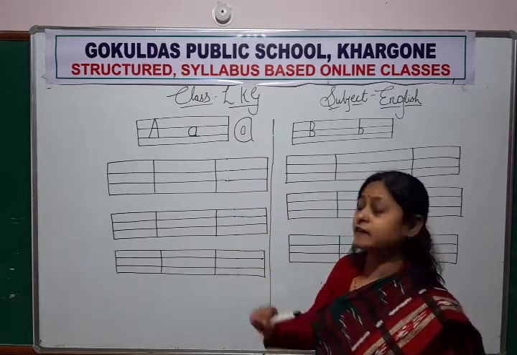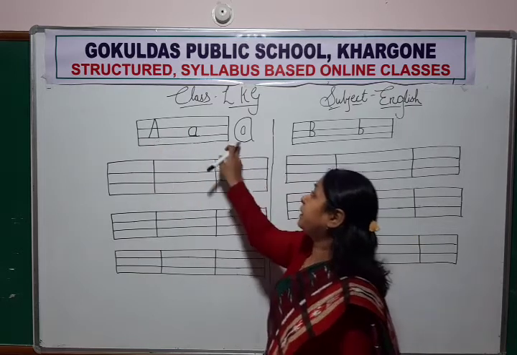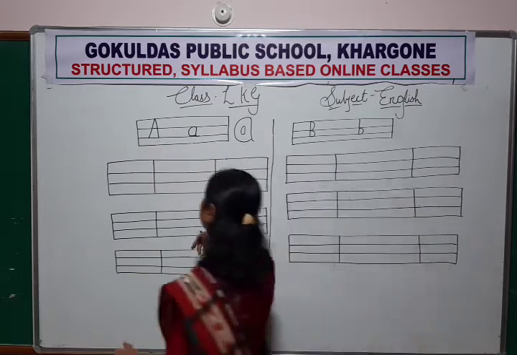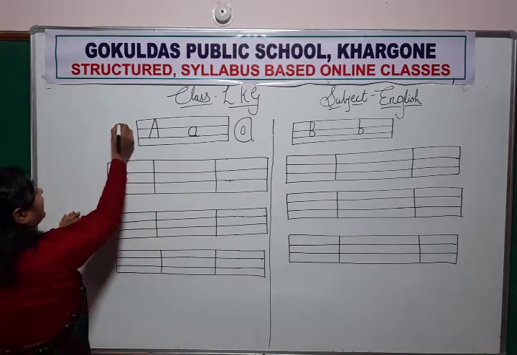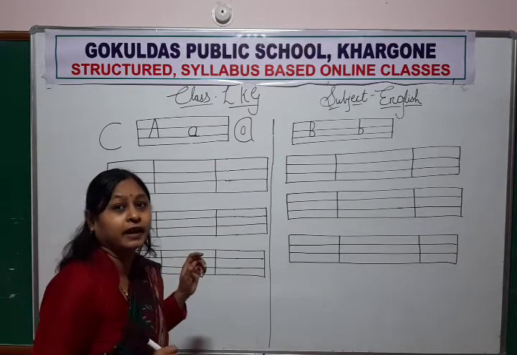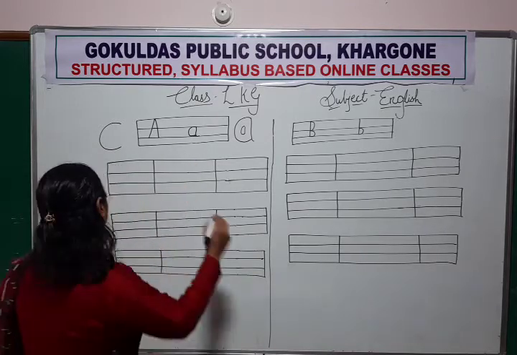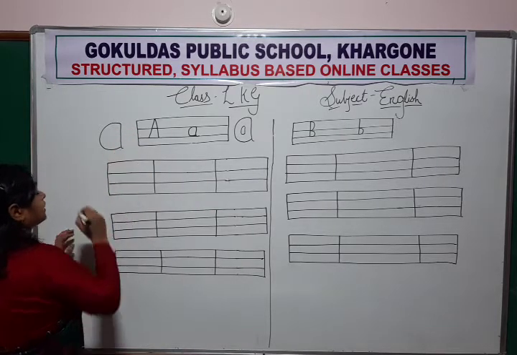How you will write baby A? First, you have to make a half circle and standing line, okay?